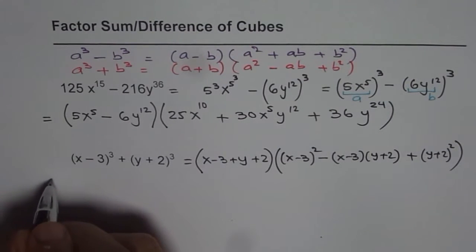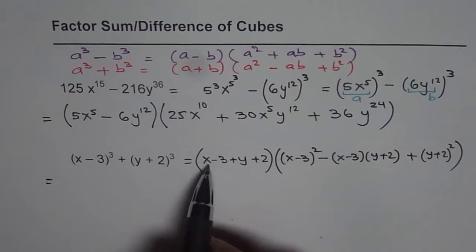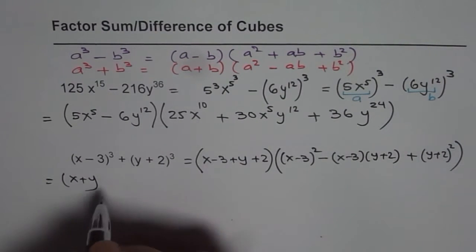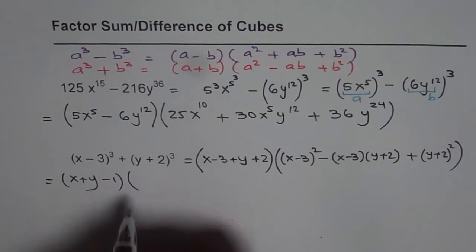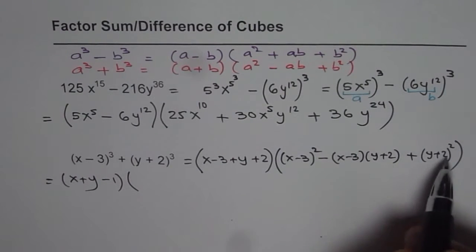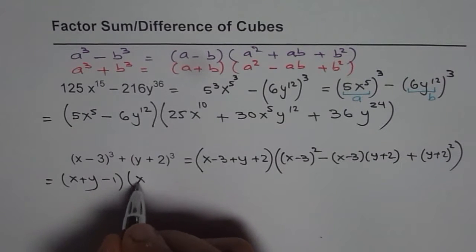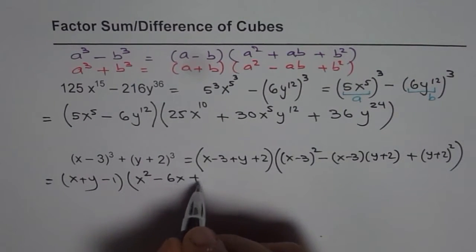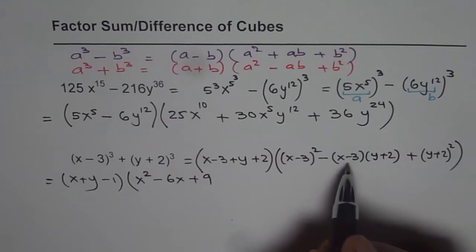Now let's simplify and write it down. So we get x plus y, minus 3 plus 2 is minus 1, and in this case let us expand them. We get x squared minus 6x plus 9. Here we get x into y.